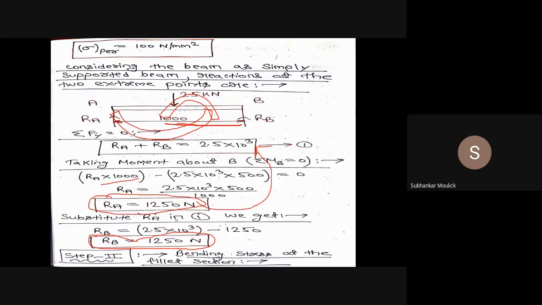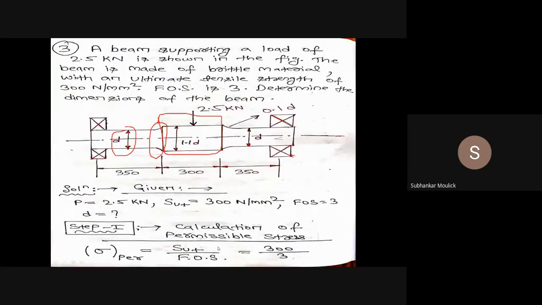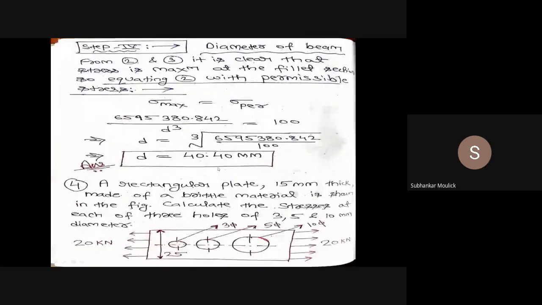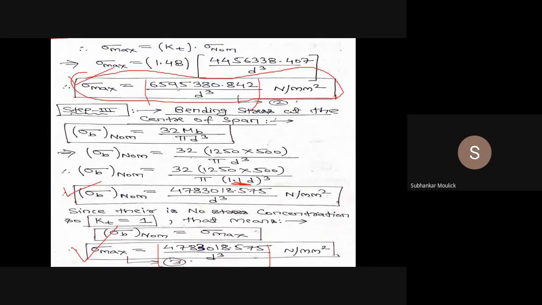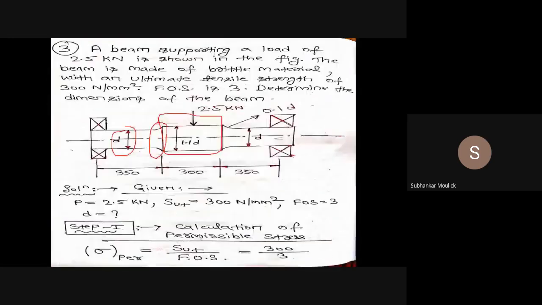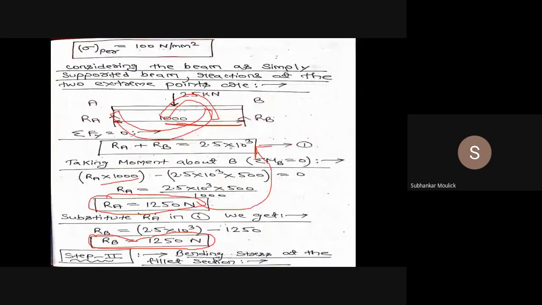So I have to equate this sigma max value, that means the maximum bending stress generated at the fillet cross section, with the permissible stress of the problem, and that is 6595380.842 upon d cube equal to 300 by 3, that is 100 Newton per mm square. Fine. Solve this expression, take the cube root, you will get the value of the diameter d of the beam to be 40.40 mm.